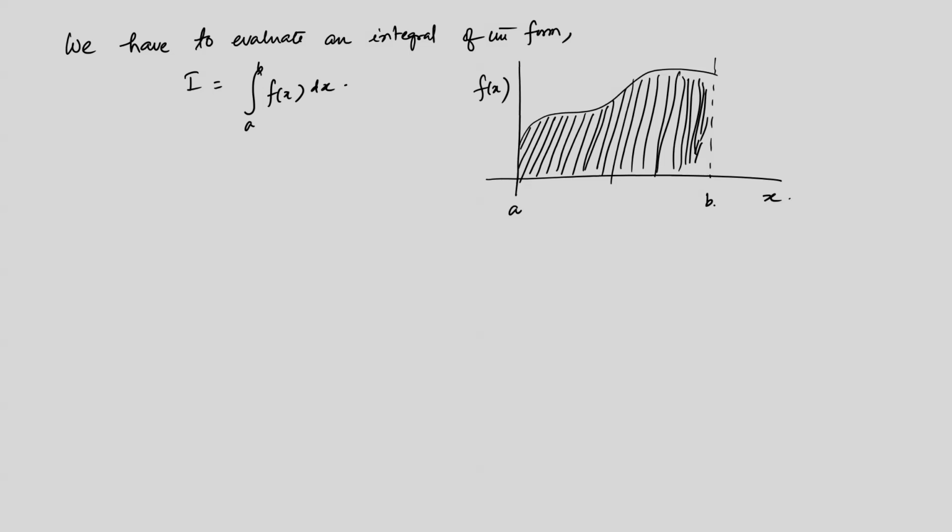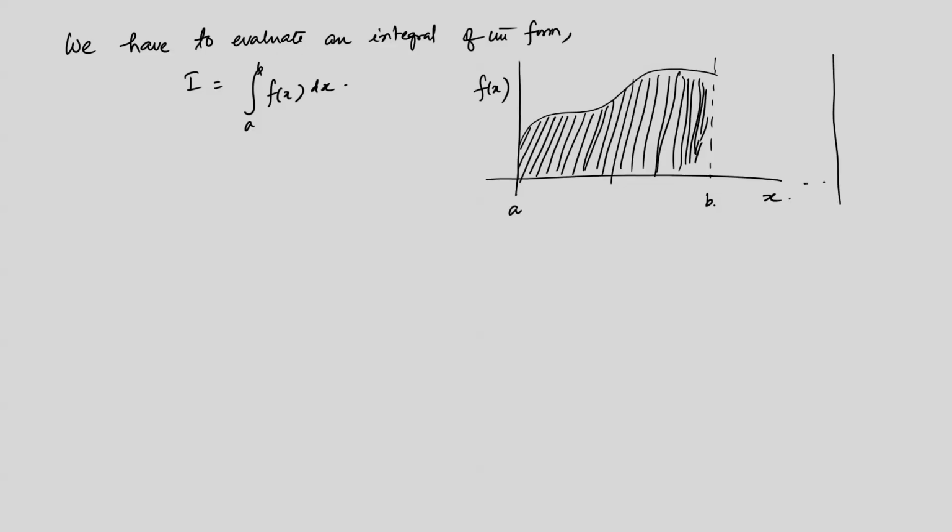Of course, what we can do is break this whole interval between a and b into several sub intervals. So, let me show you a little broader picture. Let us say only a little bit of f of x is shown.